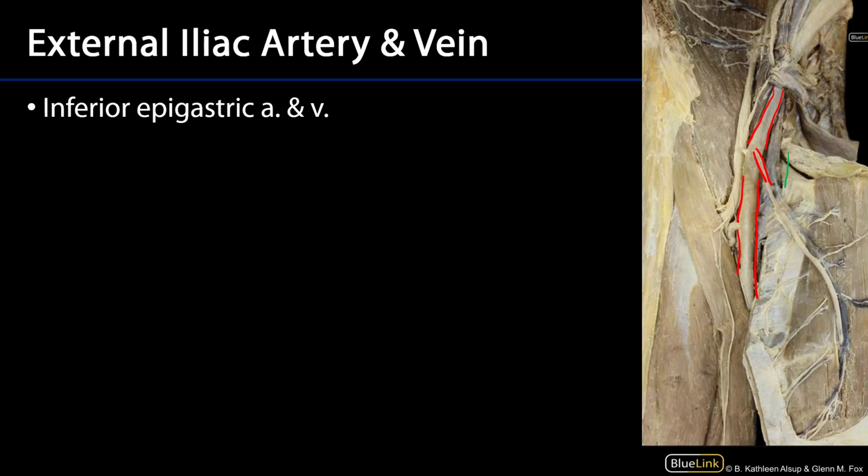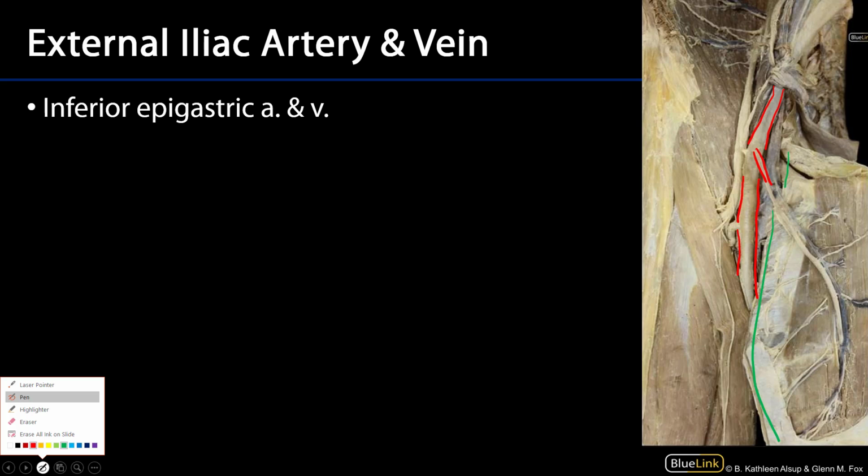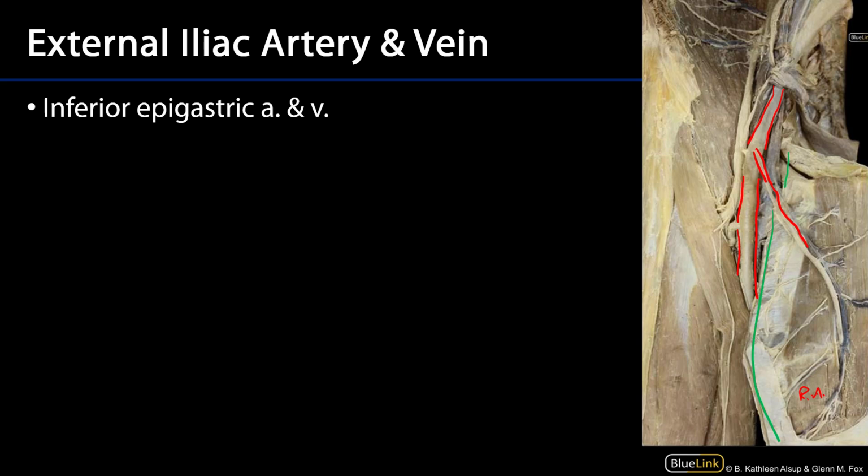Now, let me go to green here. What you're seeing here is a reflection of the anterior abdominal wall, and that muscle there is the rectus abdominis muscle, running from the pubic bones up to the rib cage, and we can see the inferior epigastric artery winding its way into that muscle.